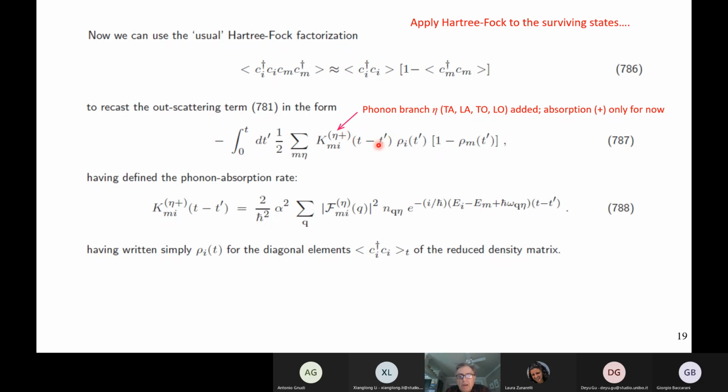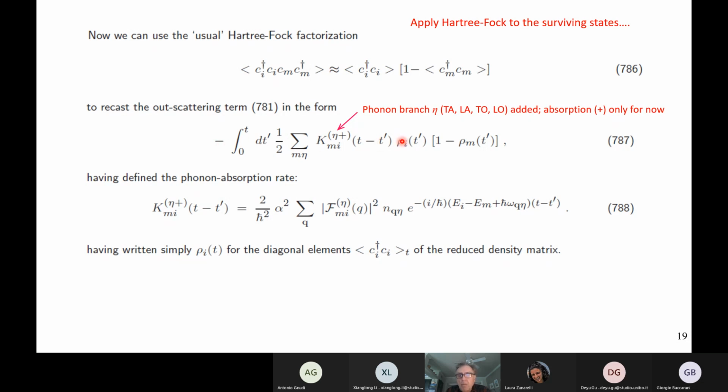So we have, remember, this is the term that expresses one of the contributions to the time derivative of the density matrix, the diagonal term c dagger i c i. So this is the occupation of the state i. This term represents how fast the occupation of state i evolves in time.